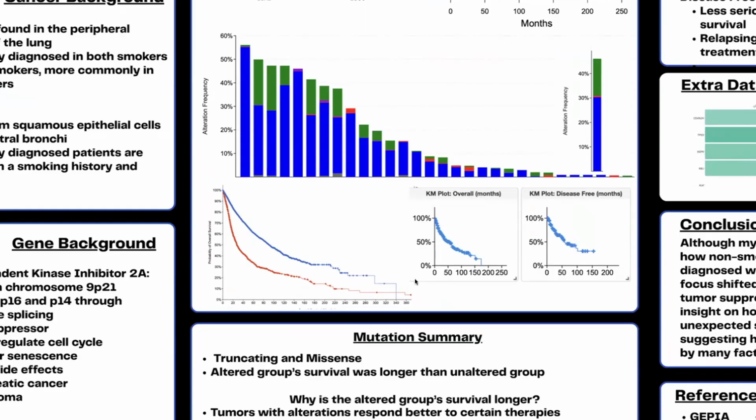I tried to research why this happened, but I wasn't really able to get a super clear answer. So I just made a prediction that the tumors with the alterations might respond better to certain types of treatments, or it's a really slow growing tumor.